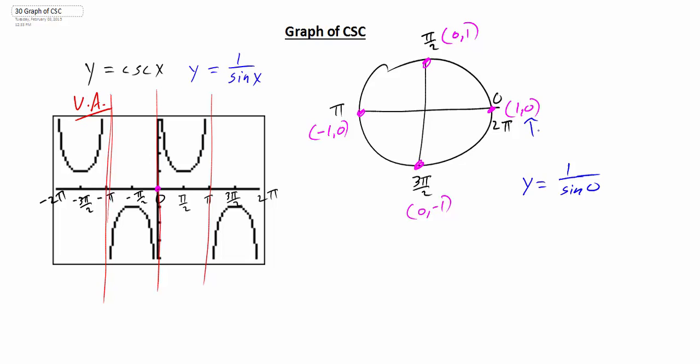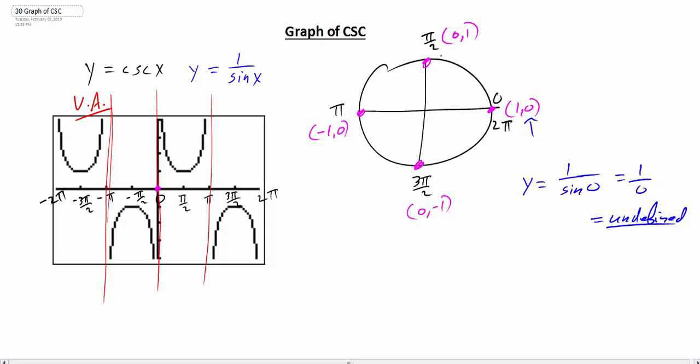So right here we have a y value of 0, which means we're going to have 1 over 0, which is undefined.